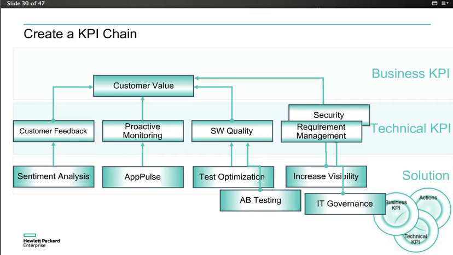You can see that the customer value we can feed by technical KPIs like customer feedback, proactive monitoring, software quality measurement, or security. And the same when you look at what kind of solution we are using to deliver these technical KPI measurements. It can be sentiment analysis, where we can technically ensure that we get real customer sentiment, and it will impact the customer value KPI.